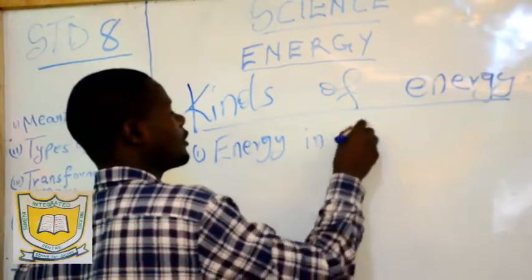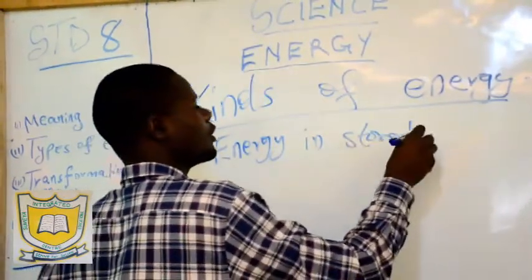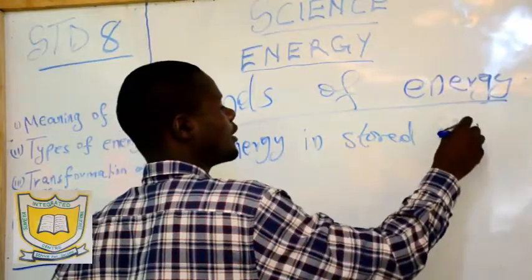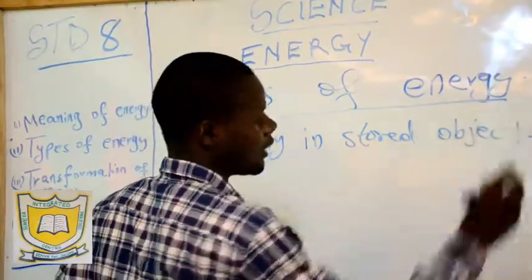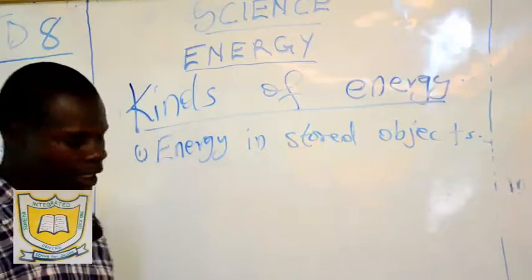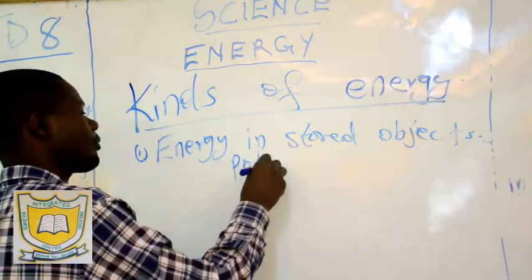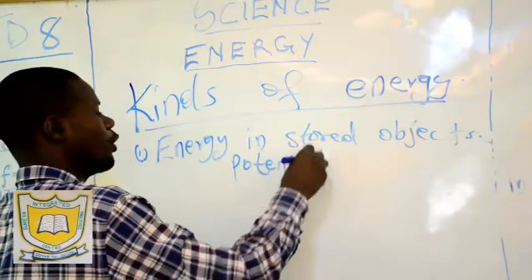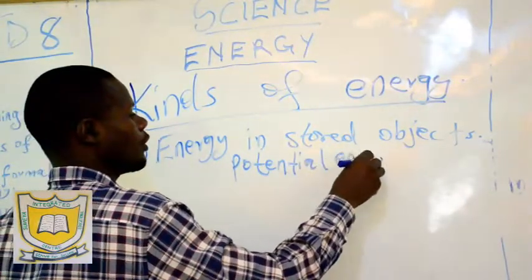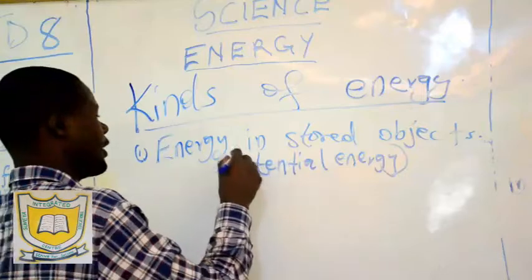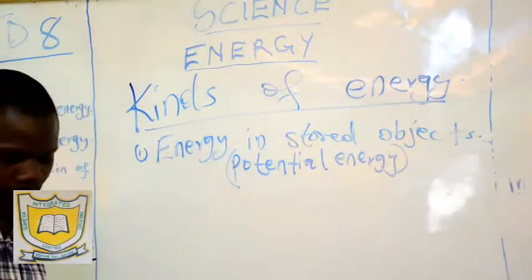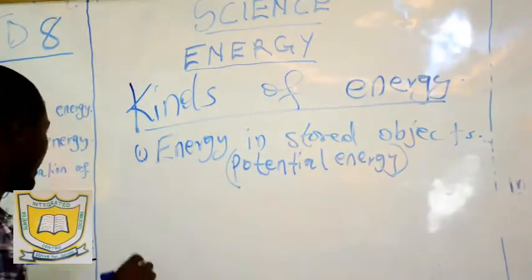Energy in stored objects is known as potential energy. Energy found in stored objects is known as potential energy.